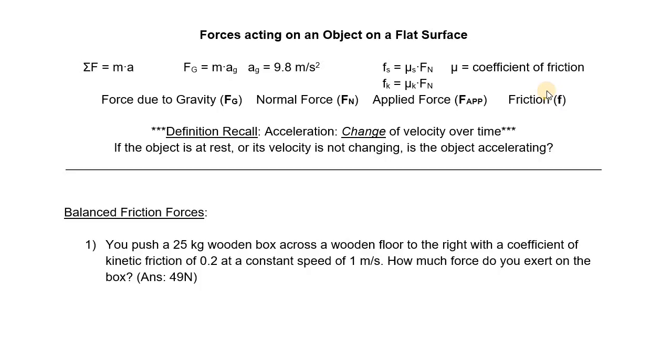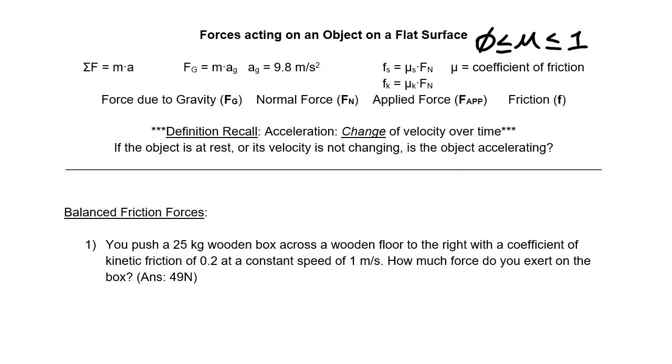Very little. Versus if we're to deal with a rubber object across concrete, then the friction will be a lot greater, and that has to do with the coefficient of friction. The value of the coefficient of friction will always be between 0 and 1. Just keep that in mind. It's impossible to have it be outside of this range.